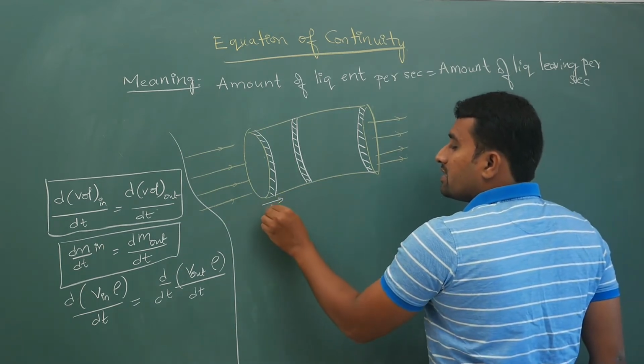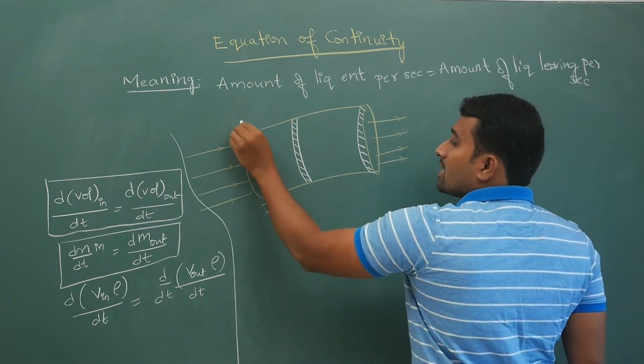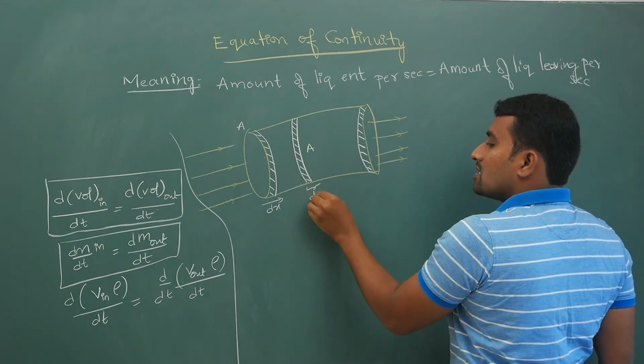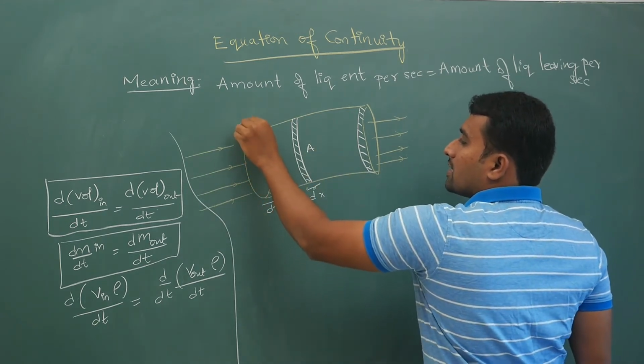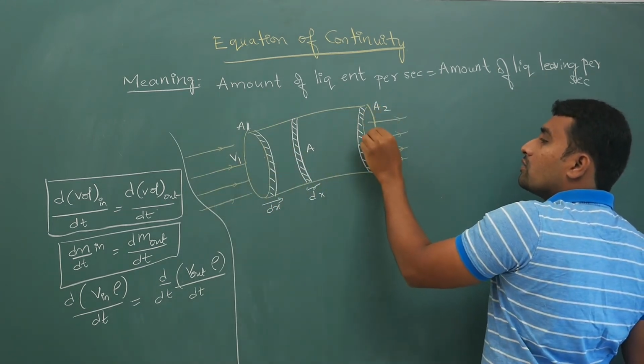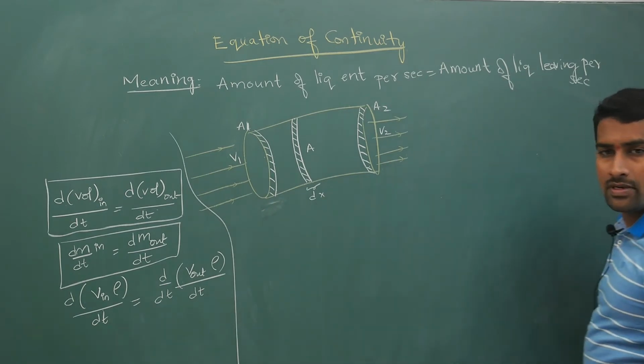Now in time dt, if a dx element of liquid enters, let us say the area of cross section is A, somewhere here A is there, this is dx. Let us say the area here is A1, volume is V1, area here is A2, volume is V2. Now let us consider the dx element here.